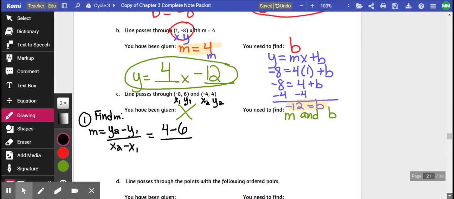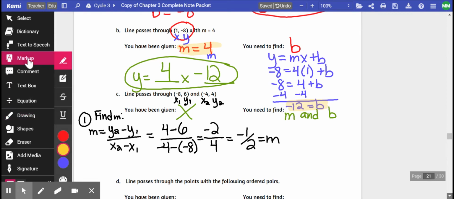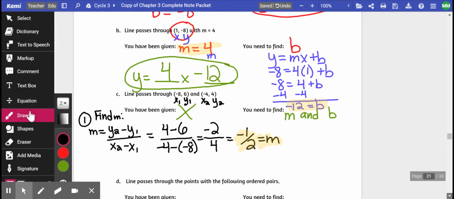For the bottom, I'm going to have negative 4 minus negative 8. So I'll have negative 2 over 4, or negative 1/2. All right, this is my slope. I have m. Now I have to find b.